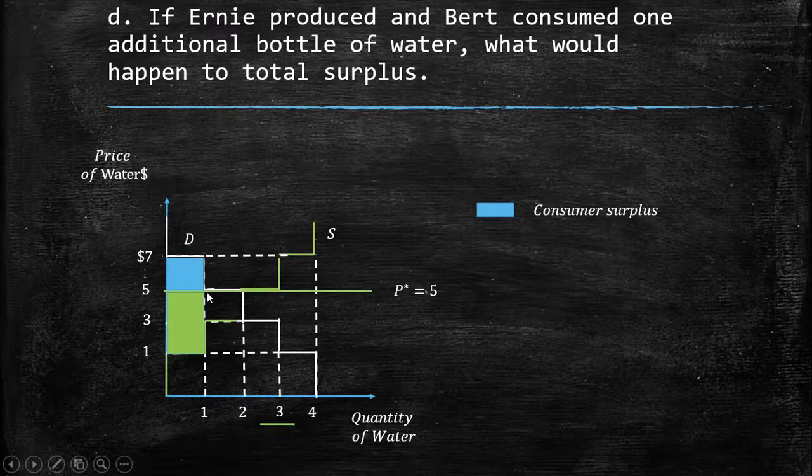So the producer surplus is going to be this one. Even though he produces 3, he will just sell 1. So this is going to be the producer surplus. And again, the total surplus decreased by this square. Okay, it decreases.